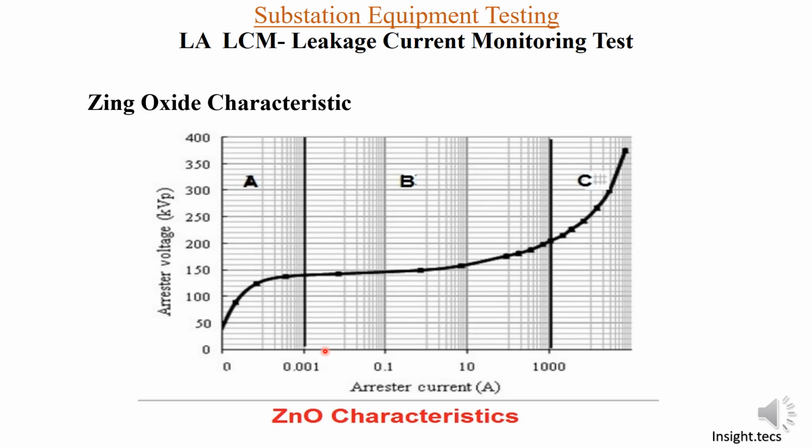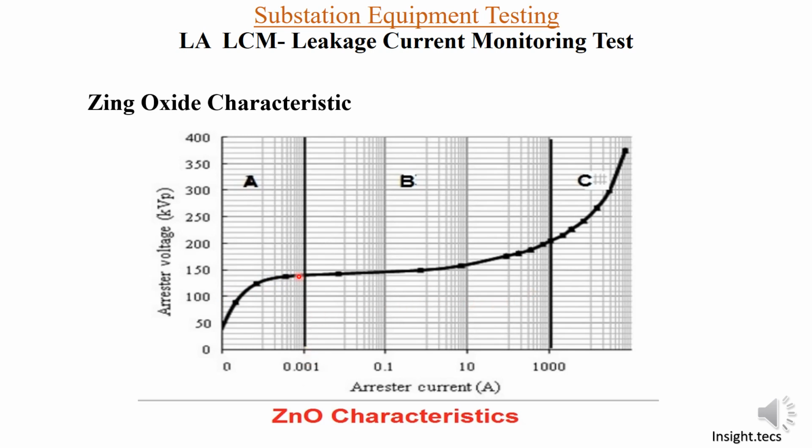The basic characteristic of LA is that it has high resistance at low voltages. Say the LA is made for 66 kV, then it will have high resistance, so a very small amount of current is flowing. For 50 volts, about 0 ampere is flowing. For 150 it is 1 milliampere, right?